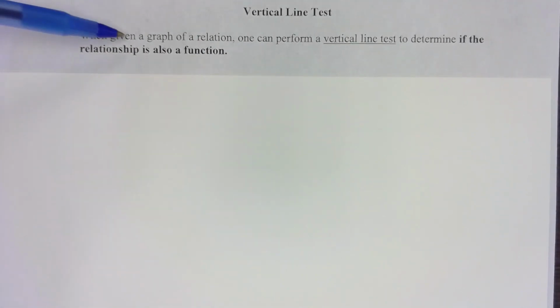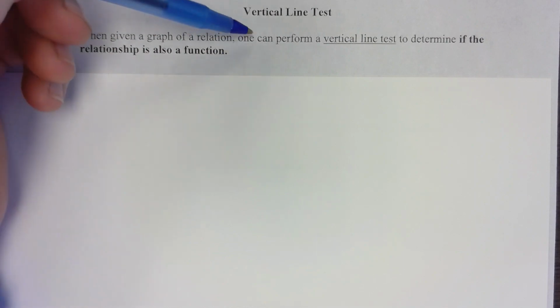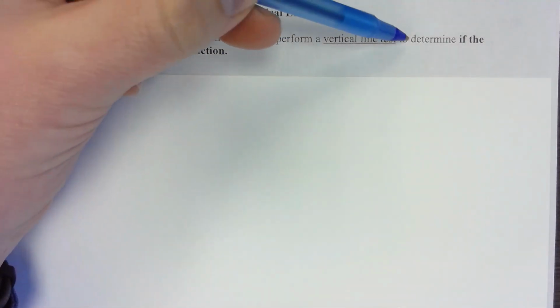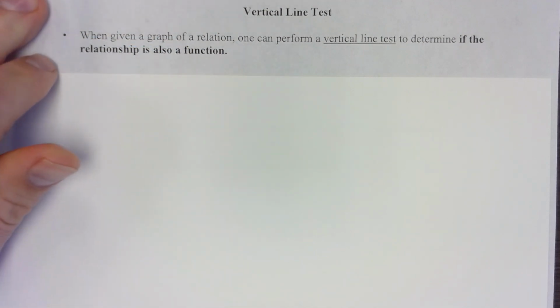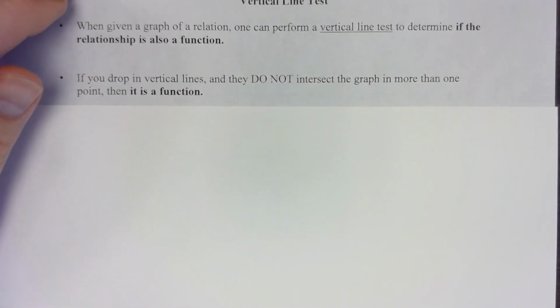When given a relation, one can perform a vertical line test to determine if the relationship is a function. So this test, if I have a graph, will always tell me whether a relation is a function or not.